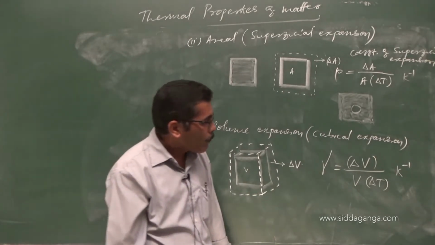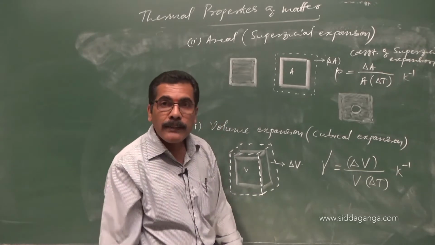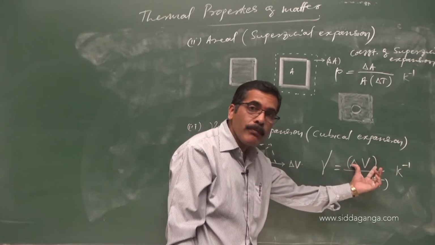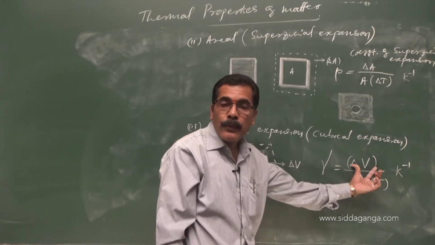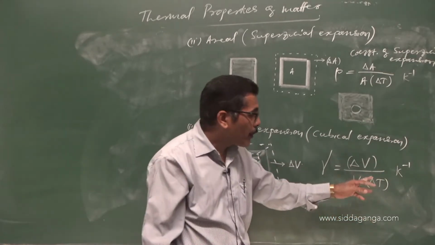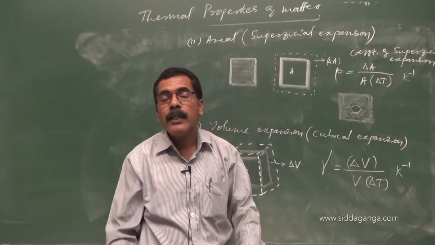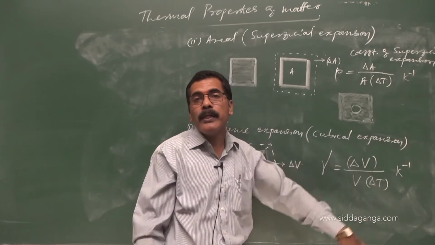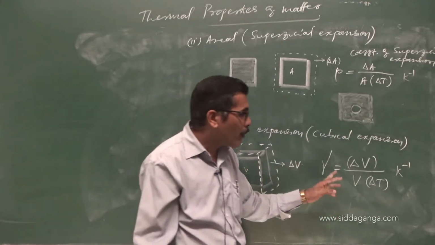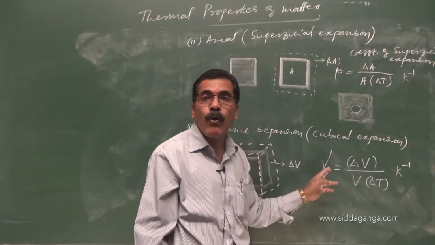It may be defined as the ratio of increase in volume of a given material to its original volume per unit degree rise in temperature, or the fractional increase in volume of the cube per unit degree rise in temperature is called the coefficient of volume expansion.